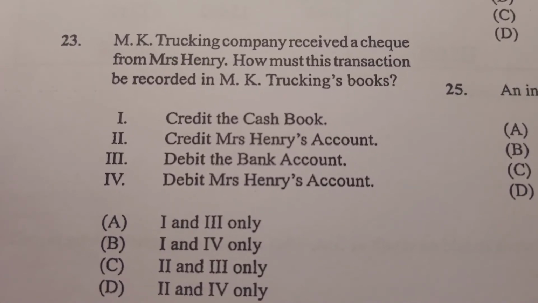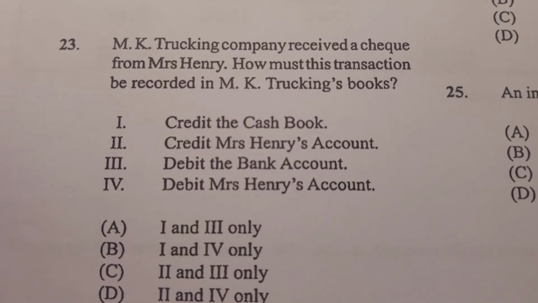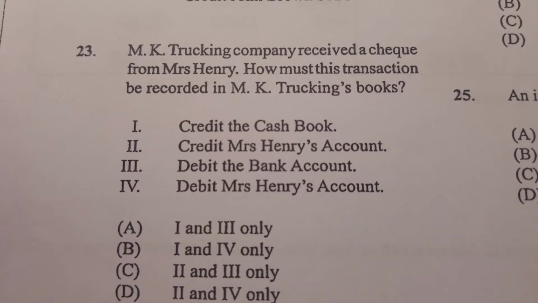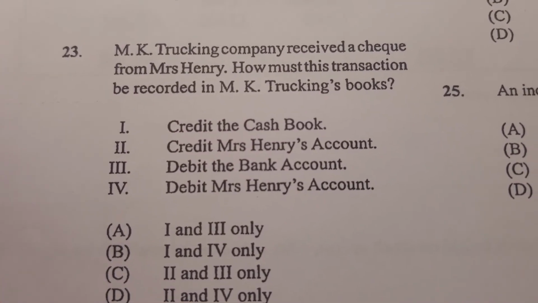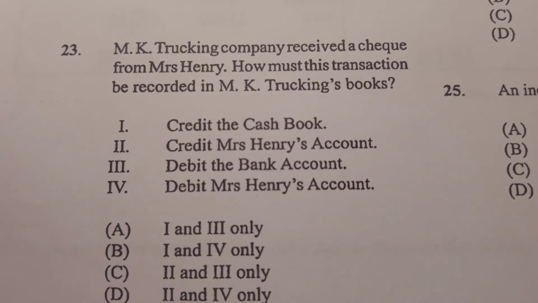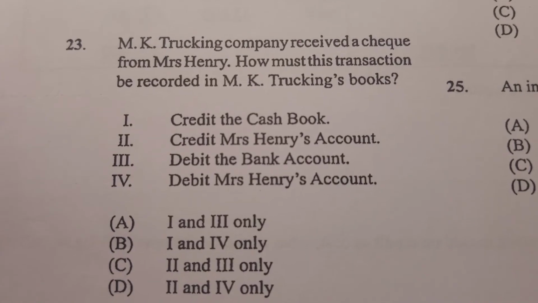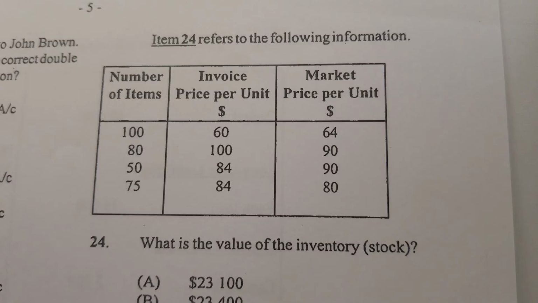He's receiving a check from Mrs. Henry, so the bank account or the cash book is receiving. Our best answer is C, which says 2 and 3. We are crediting Mrs. Henry and debiting the bank account.